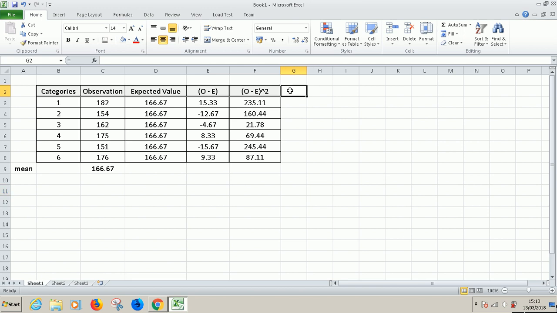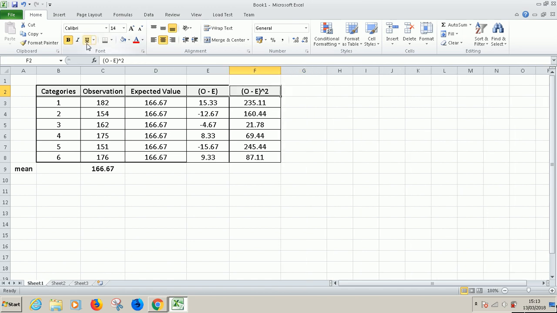Let's add yet another column. Let me start with this. So I'm going to O minus E squared divided by E. That's the formula.